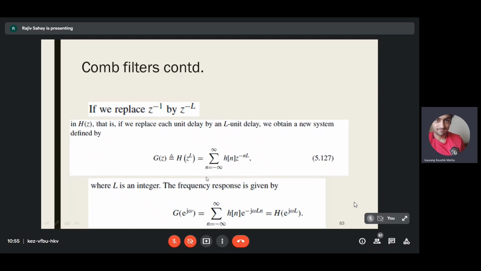So the frequency response G of e to the power j omega can be written as H of e to the power j omega L, because this is equal to H of z to the power L. When you plot this frequency response, you will get repetitions of the frequency response H of e to the power j omega inside the frequency band 0 to pi, and there will be L repetitions.